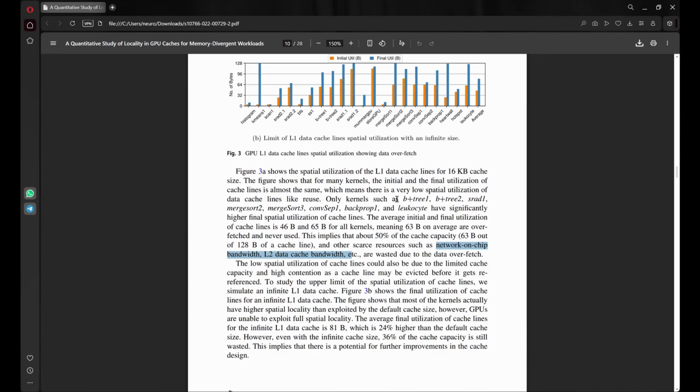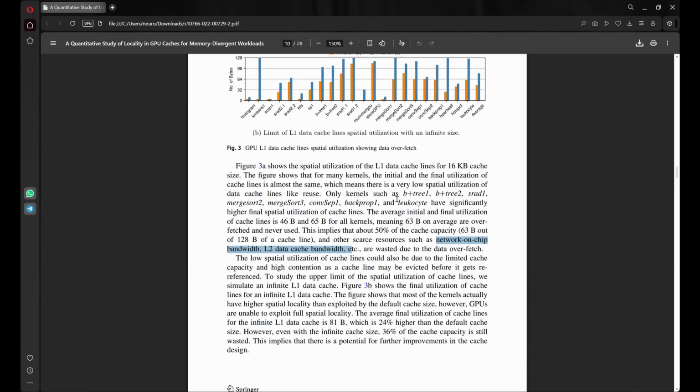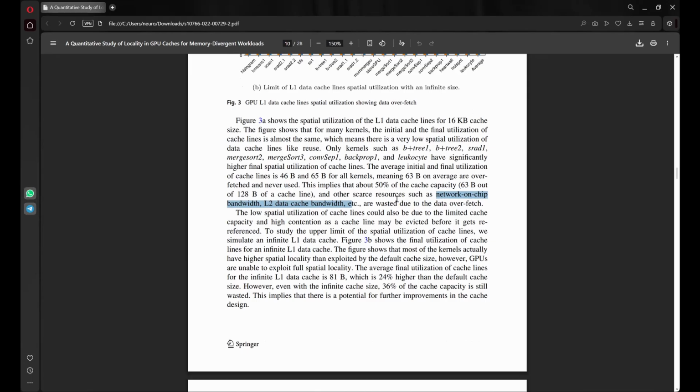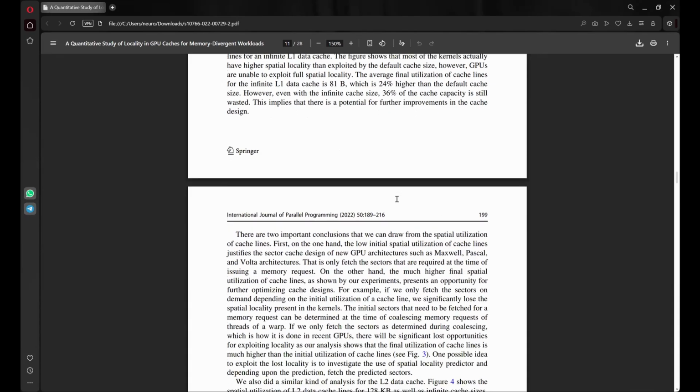That's the final utilization of the entire cache line at eviction. Even with infinite cache size, there's still 36% of the cache capacity that is wasted. So those 47 bytes or so are wasted, and the authors say there's potential for further improvements in cache design, and they go on.